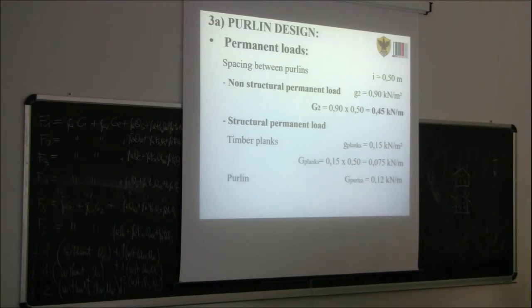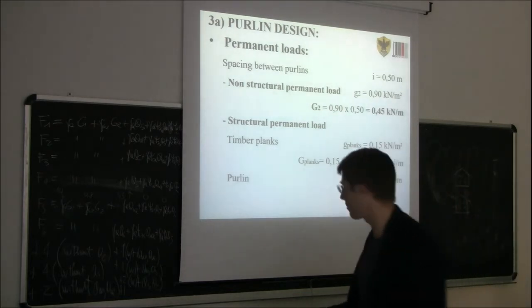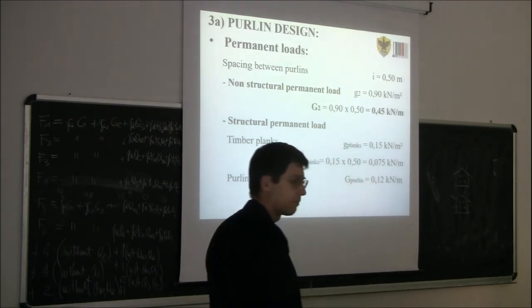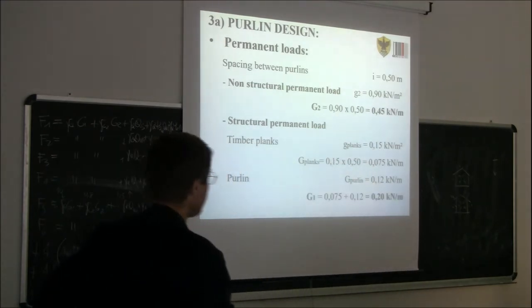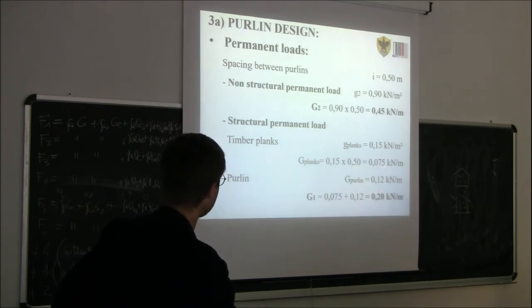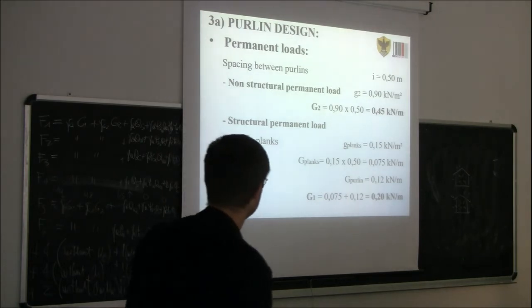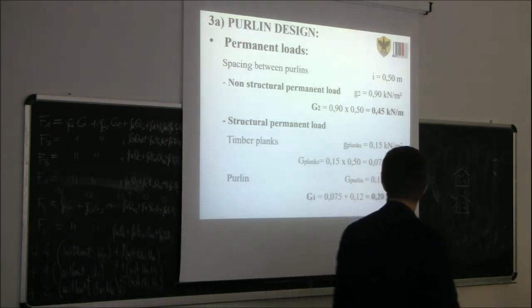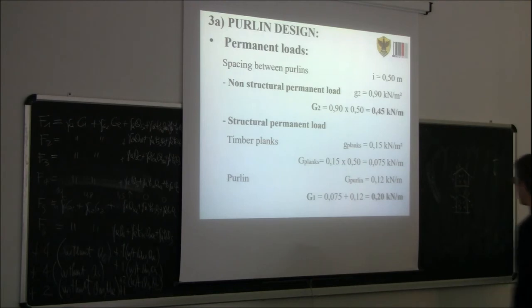Then we need to calculate the self-weight of the purlin, which was calculated the day before yesterday as 0.12. If we sum those two values, 0.075 plus 0.12, we get 0.195, more or less 0.2.